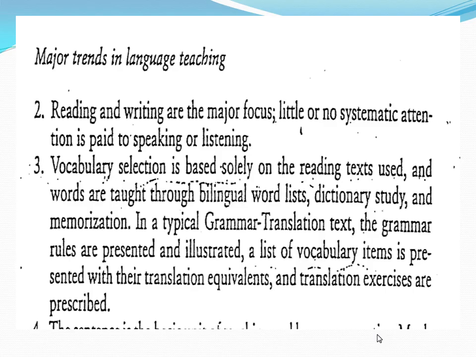Just as the Bengali language has several thousand words, other languages also have words. So to learn a language you have to learn vocabulary. And the grammar translation method also follows that you have to learn the vocabulary of the target language, especially English. Vocabulary selection is based solely on the reading text. That is the context. Vocabulary selection then means reading comprehension. You have to read an article.